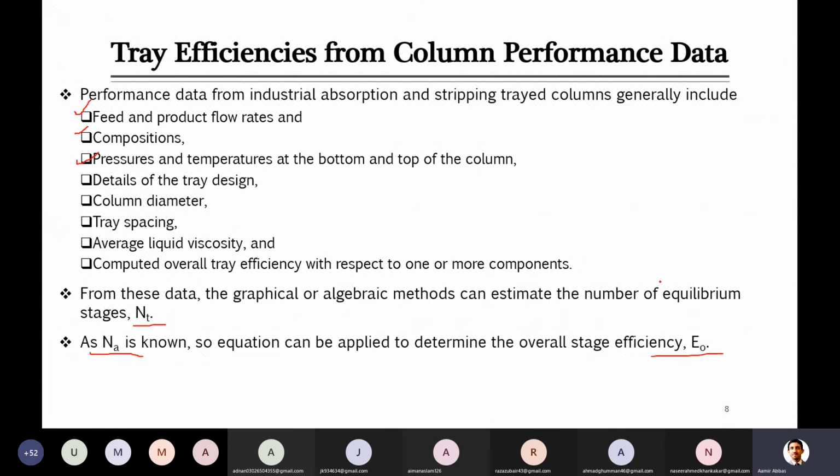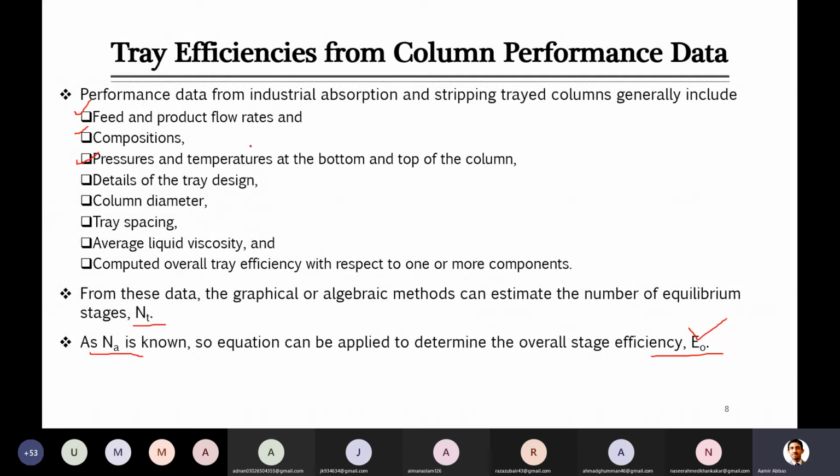If you see an existing column performing such a separation, and we want to design a similar column, or one quite close to this, with quite similar flow rates, composition, and operating temperature and pressure, then we can consider the efficiency of this existing column for our design, which we are going to perform later on. But these parameters should be close to those of the column we are going to design.